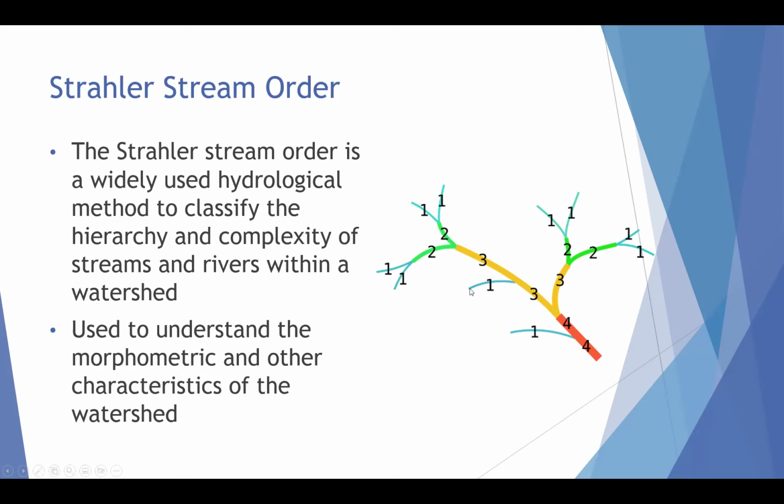Only when streams of equal order meet does the downstream become the next order. When you have unequal orders meeting, the maximum order continues. You can see here 2 third order streams meeting become fourth order. Suppose a second order stream meets here, or a second order stream meets here, it will still be fourth order, and this one will be third order. Basically, this is used to understand the morphometric and other characteristics of the watershed.